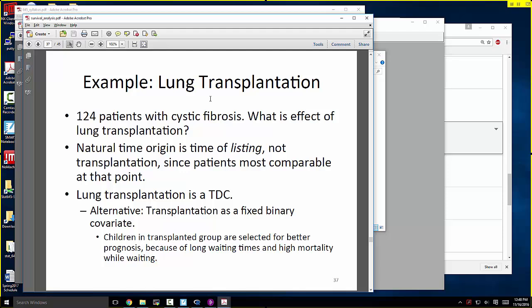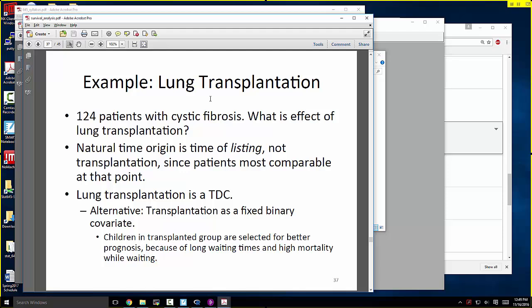So doing that type of thing can bring problems. For example, if we were to say that every child who ended up getting a transplant gets a 1 for transplant, and everybody else who did not get a transplant gets a 0, a problem with that is that children who get a 1 for transplant are going to be systematically better off than those who didn't.